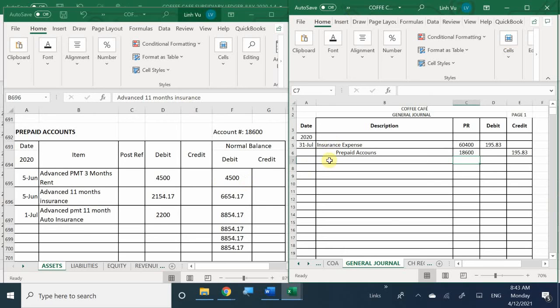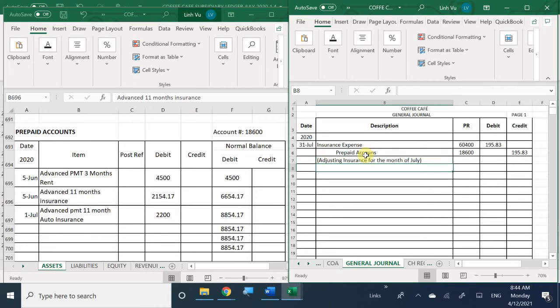And here in my little description, I'm going to write that I am adjusting insurance for the month of July.